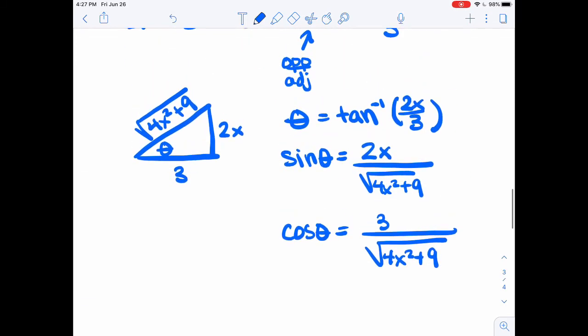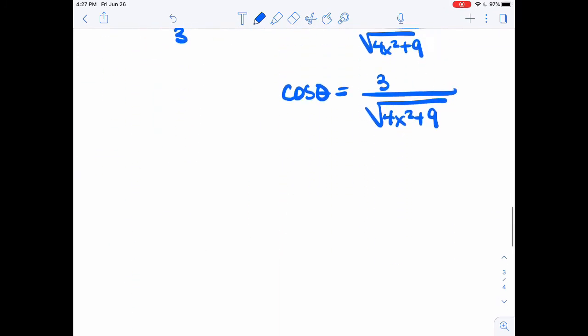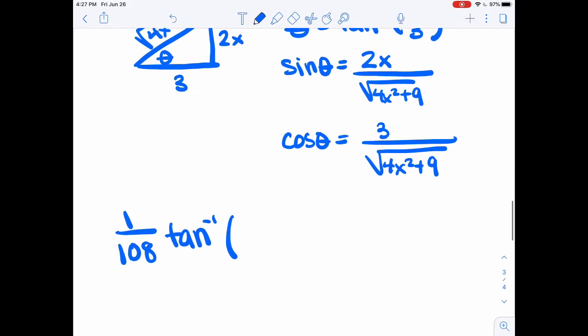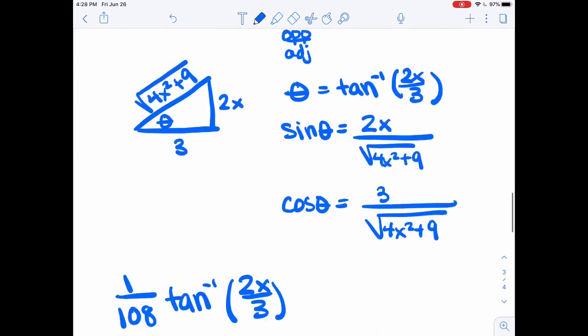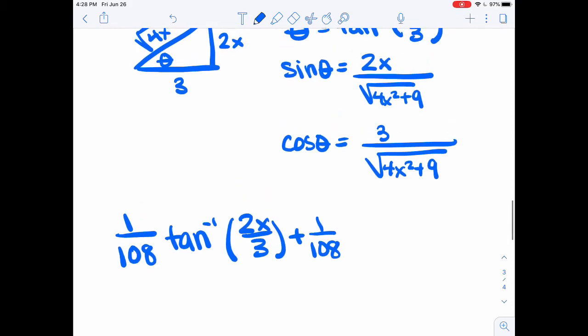We're using the drawing and the angle theta, looking at the opposite side and the hypotenuse, the adjacent and the hypotenuse. This now is everything we need for our actual solution. We have 1 over 108 times theta. Theta is the inverse tangent of 2x over 3, plus 1 over 108 times the product of sine times cosine.